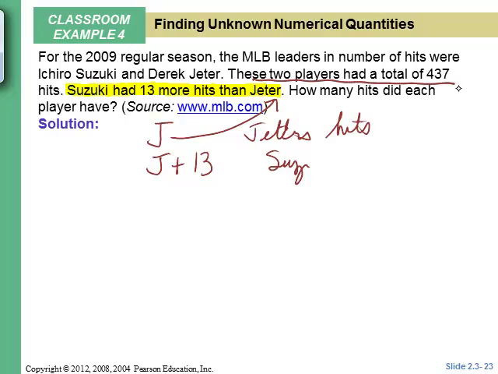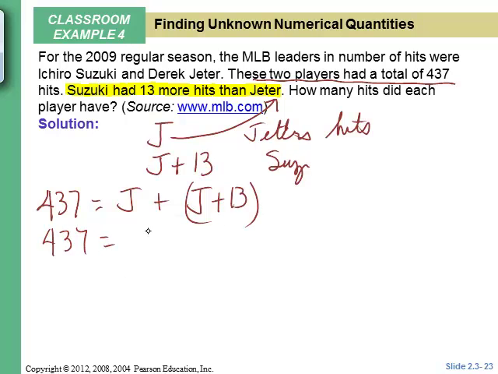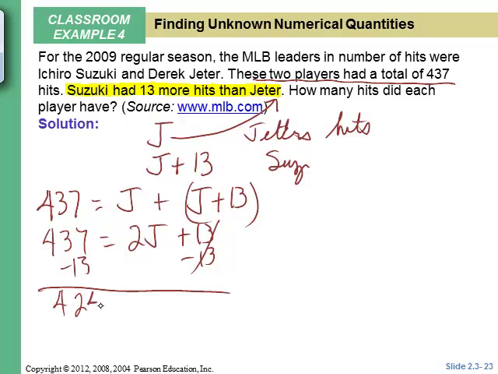These two players had a total of 437. That's Jeter plus Suzuki, which is Jeter plus Jeter plus 13, or 437 equals 2 Jeter plus 13. Subtract 13 from both sides. You get 424.